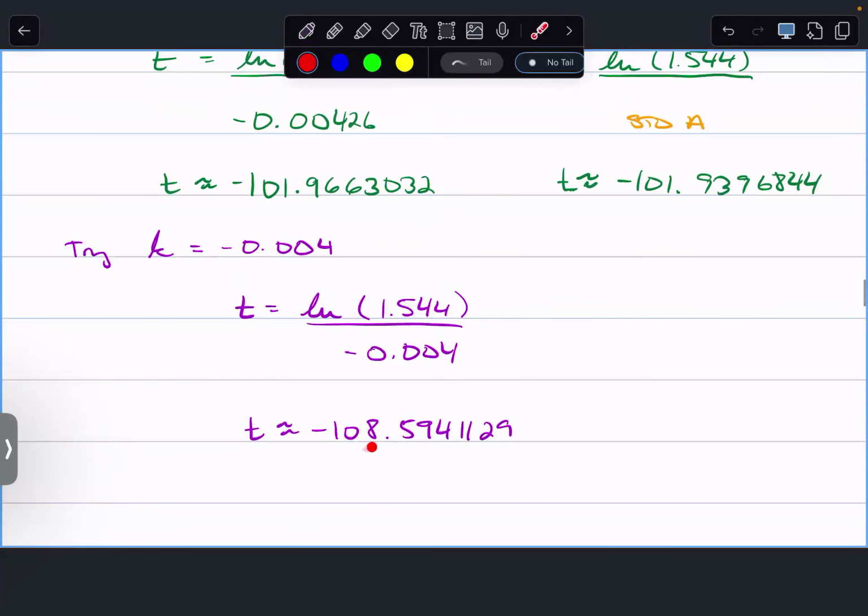I guess it's not the end of the world, but it is a large difference, right? So here we're still going to say 102-ish minutes, but here, 109 minutes-ish, or 108.5 minutes.